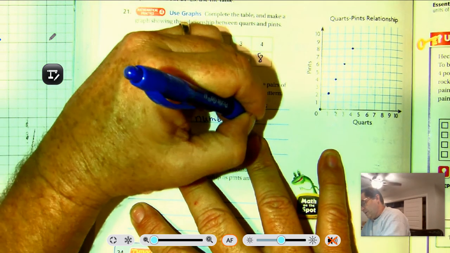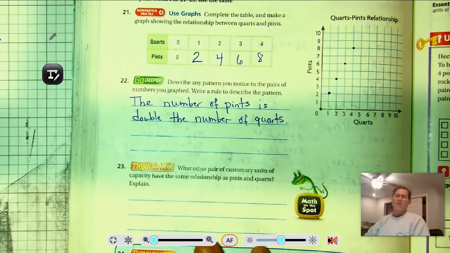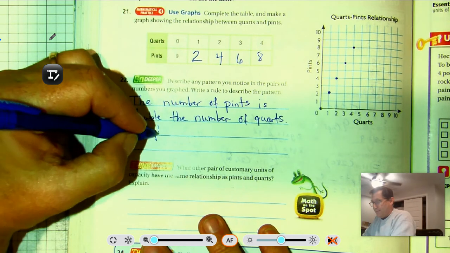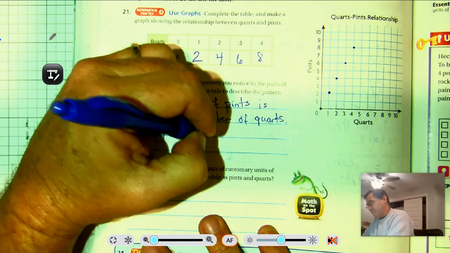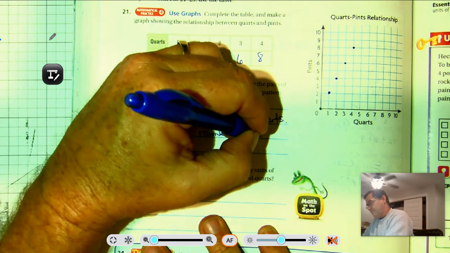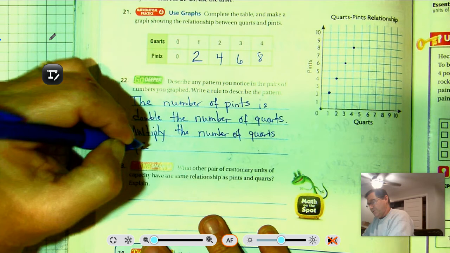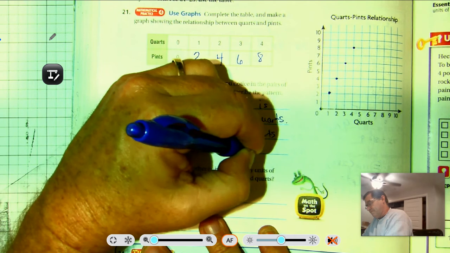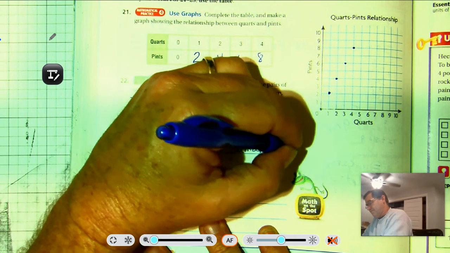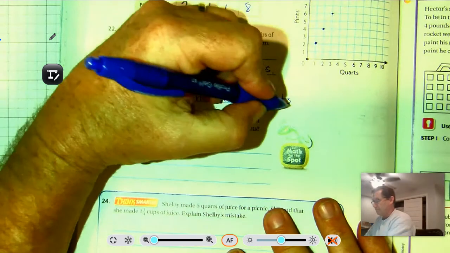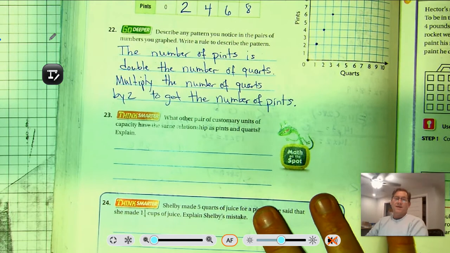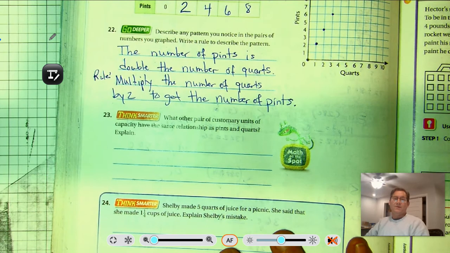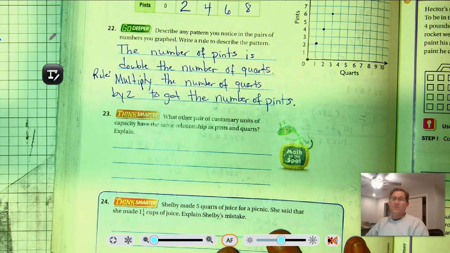So what could be a rule for that? Well, all we have to do is multiply the number of quarts by 2 to get the number of pints. Okay, so the number of pints is double the number of quarts. So what is that rule? Multiply the number of quarts by 2 to get the number of pints.